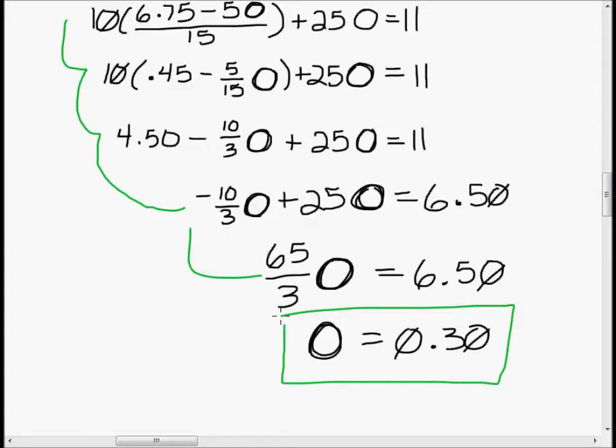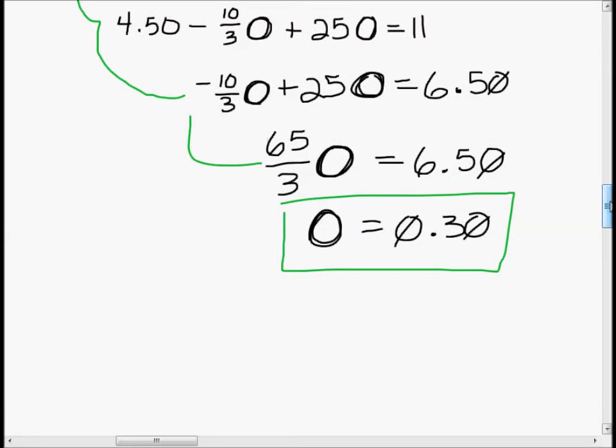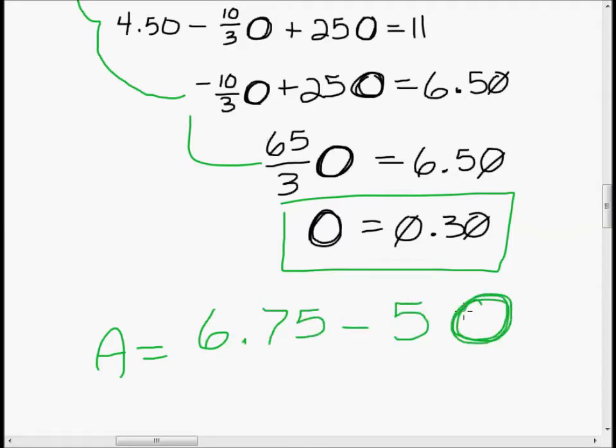And if you really wanted to prove this out, you'd go ahead and plug this O back into the equation we got for Dick, which was A equals 675 minus 5 oranges, that's an O, over 15, and we could plug this back into this O, and I think that's 35 cents-ish or somewhere in there. But the point is, it's a legitimate value. That is actually a cost.